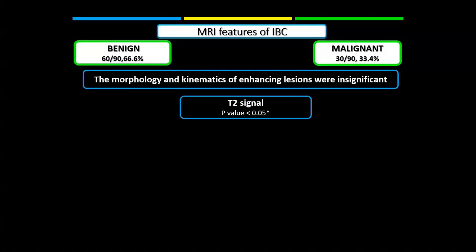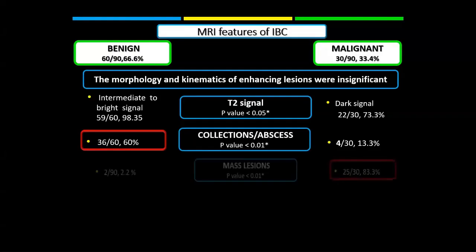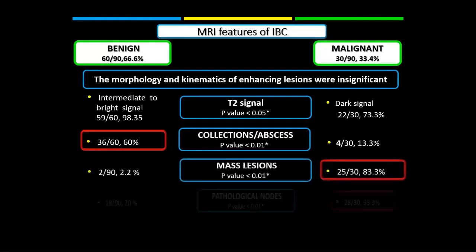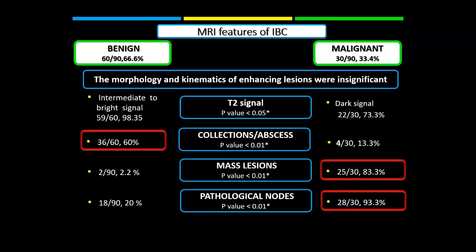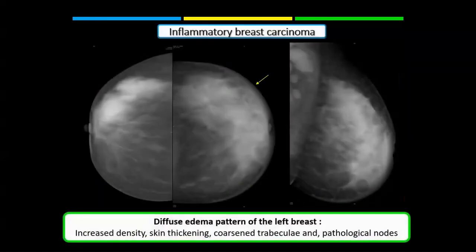What was significant was the T2 signal, because it was intermediate to bright in the benign mastitis and dark in the malignant forms of mastitis. If we find collections or abscess cavities, this favors a benign pathology, while if we find associated mass lesions and pathological lymph nodes, this favors a malignant form of mastitis.